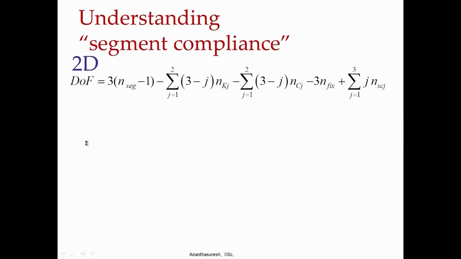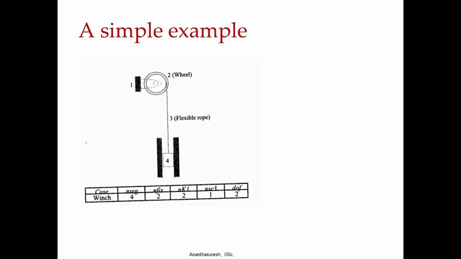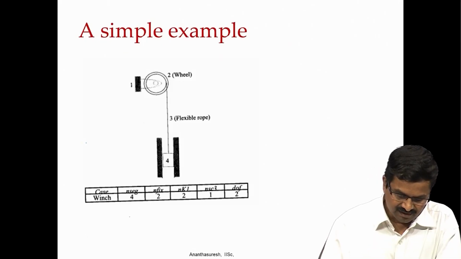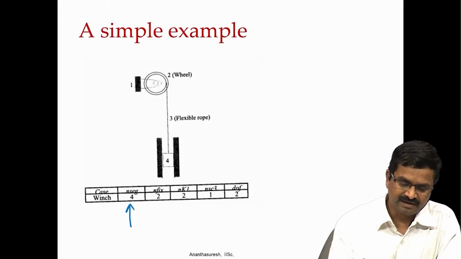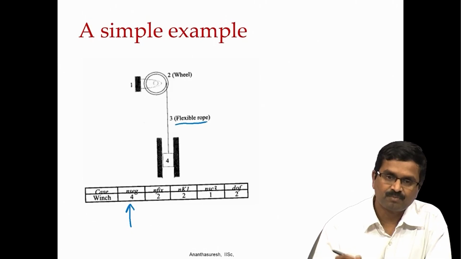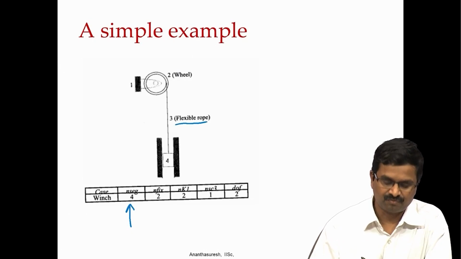So, to understand segment compliance, let us take a simple example. Here the number of segments is 4, they are indicated in the figure: the fixed frame 1 and the wheel 2 and the flat rope is 3 and the block is 4.